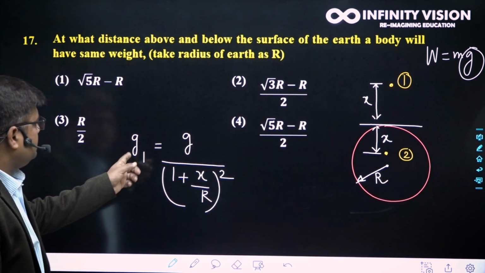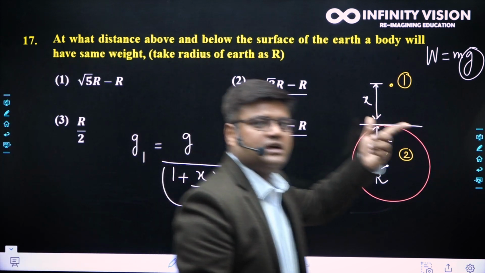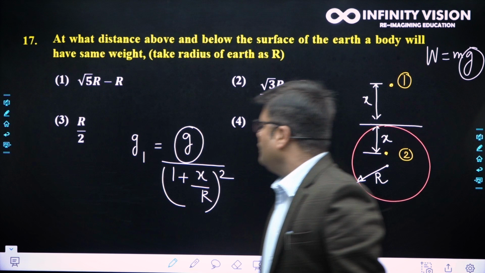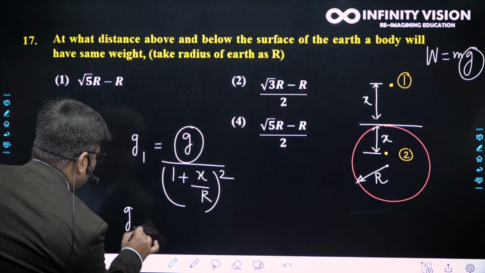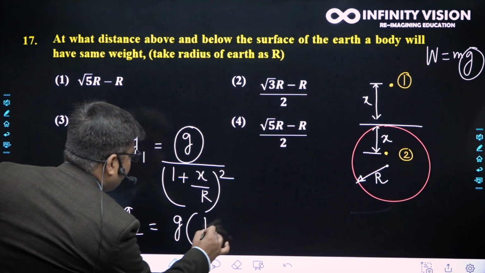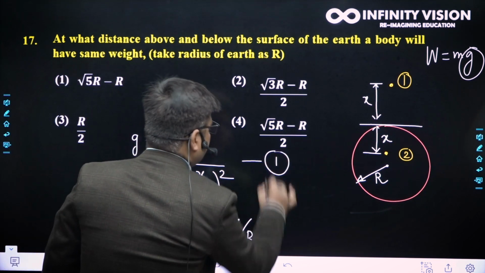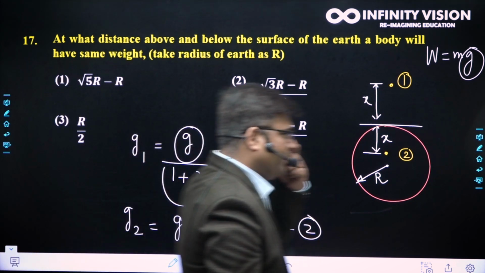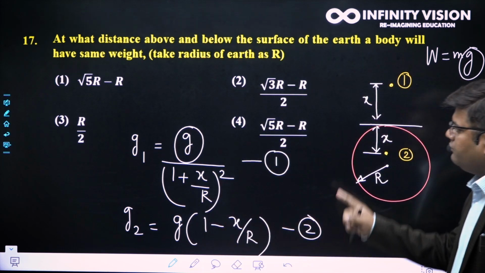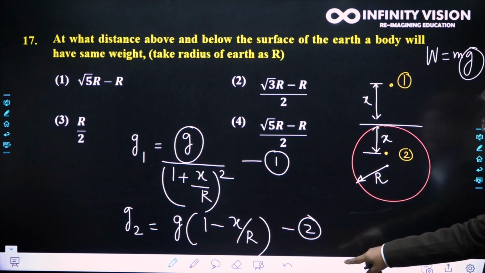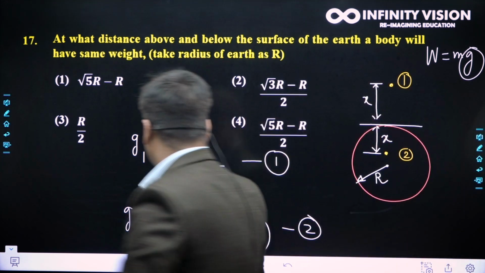Now for the point above the surface of the earth, the acceleration due to gravity is given by this, where g is the acceleration due to gravity on the surface of the earth. For point 2, the value will be g into (1 minus x by r). This is the value below the surface of the earth. Now we have to equate equation 1 and equation 2, and find the value of x.